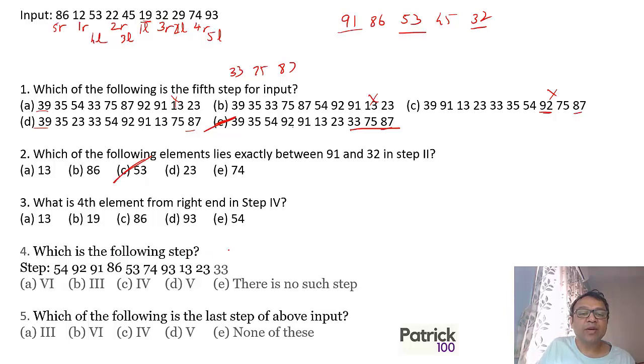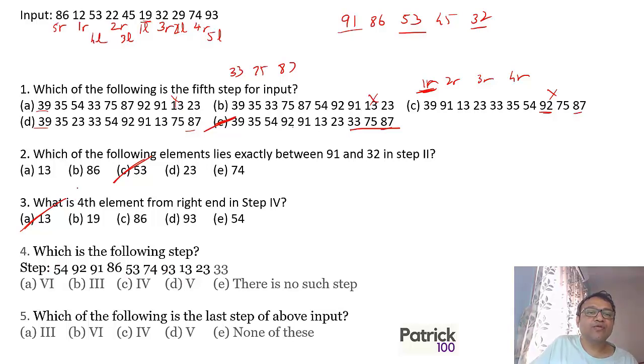What's the fourth element from the right in step 4? If you get the fourth element from the right, fourth right, third right, second right and first right are the elements in the fourth step. The fourth from the right is the first right element. First right element is 13. 12 plus 1, 13. A option. Which is the following step?